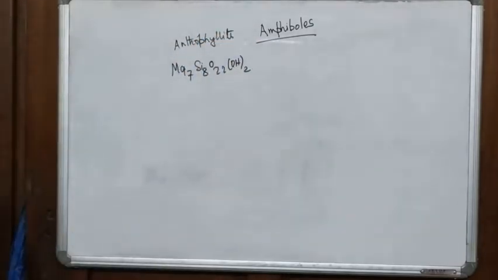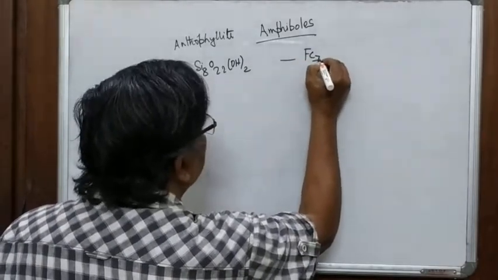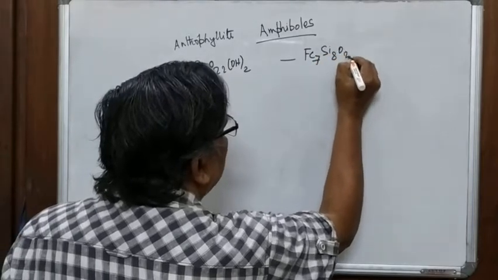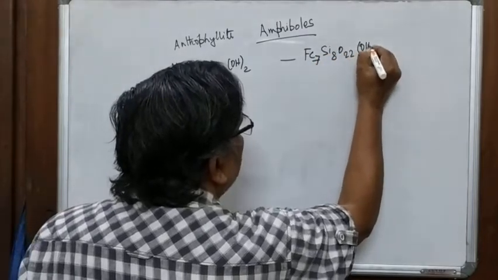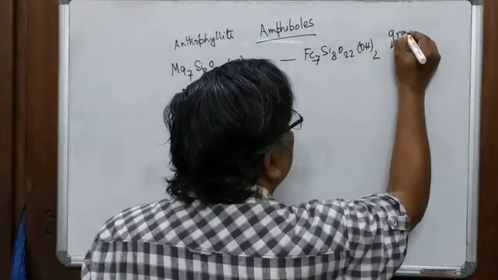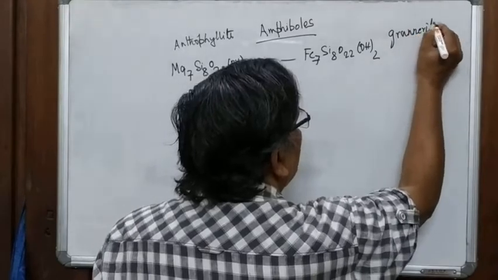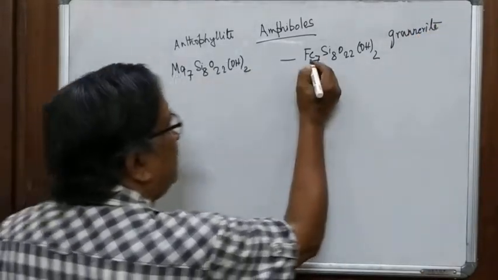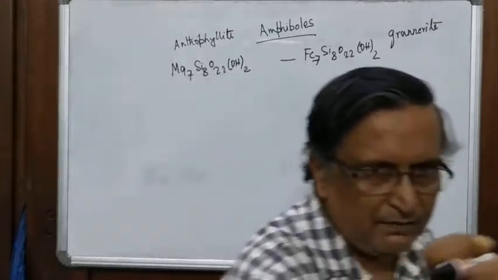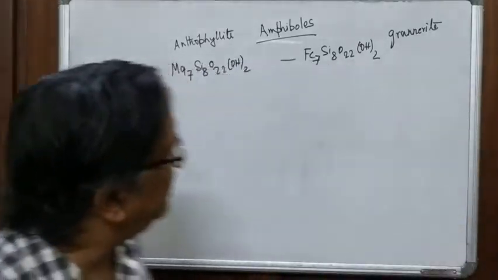And it forms a solid solution with another mineral, which is Fe7Si8O22(OH)2. And the name of this mineral is grunerite. Iron and magnesium can replace each other because of their identical charge and very similar ionic radius.